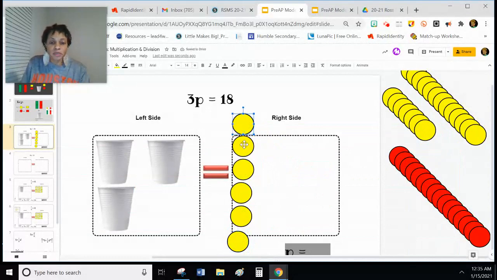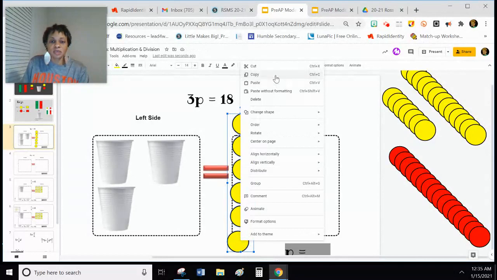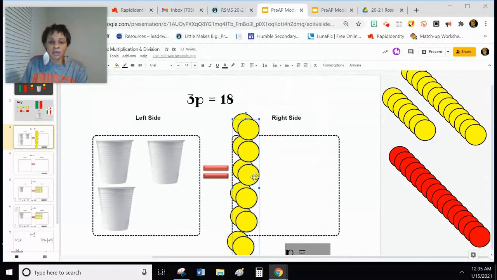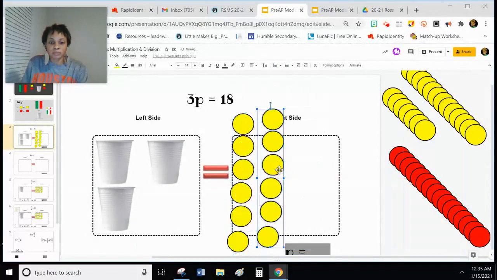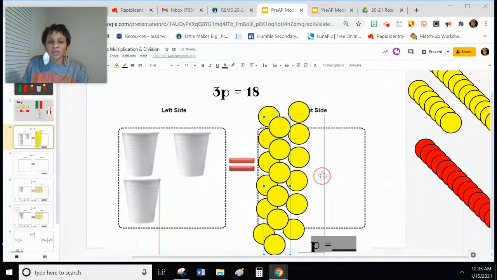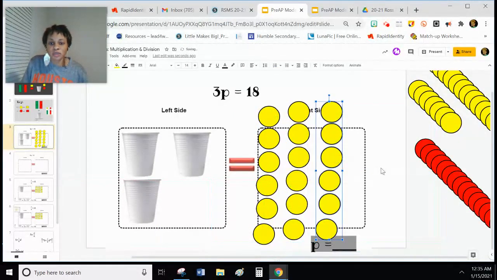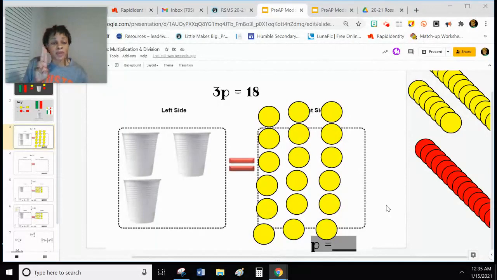I'm going to do my trick of copying these and then pasting them again, because it's just so much quicker. So then I have 3p equals 18. Remember, the 3 and the p are being multiplied together, so we are going to do the inverse of multiplication, which is division.